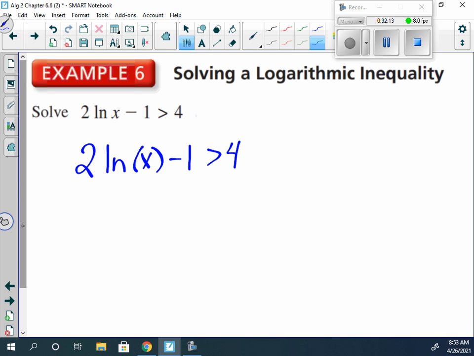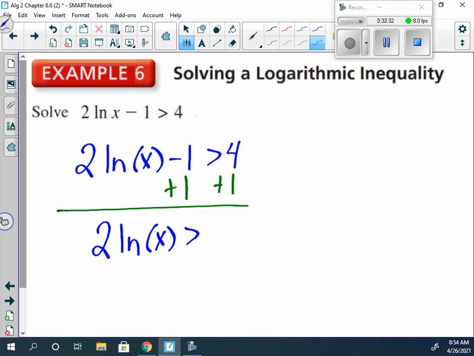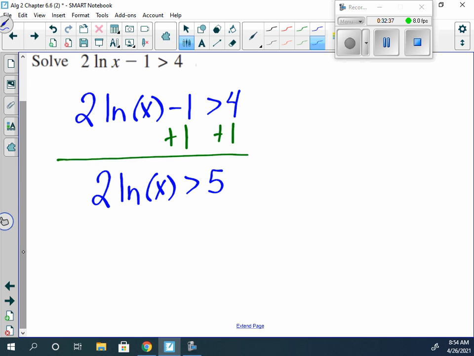Two, ln of x minus 1 is greater than 4. Yes, we would add 1 to both sides. Two, ln of x is greater than 5. Set everything to the e.